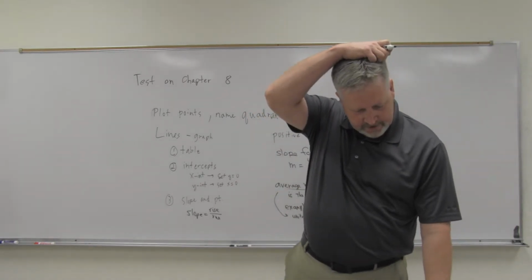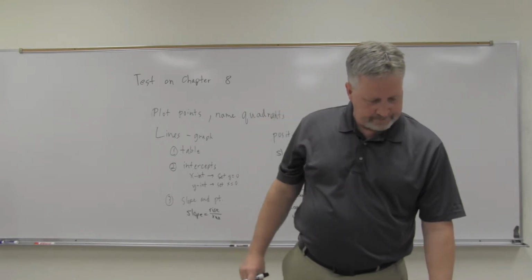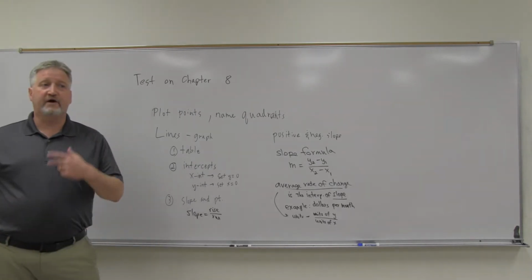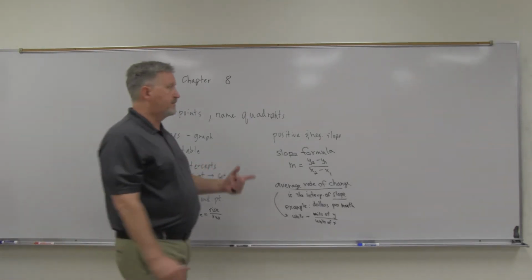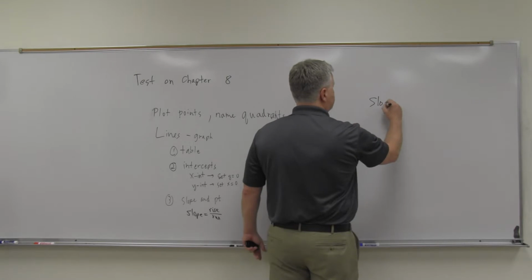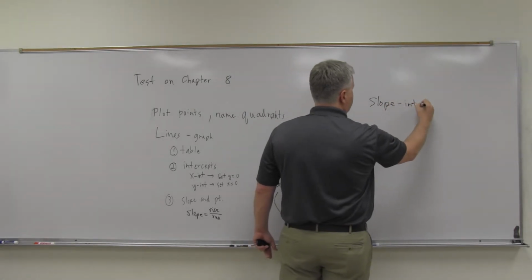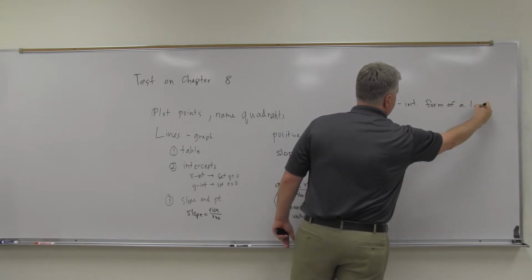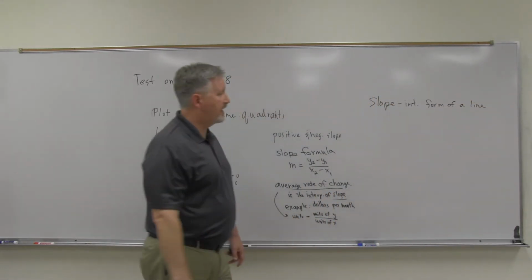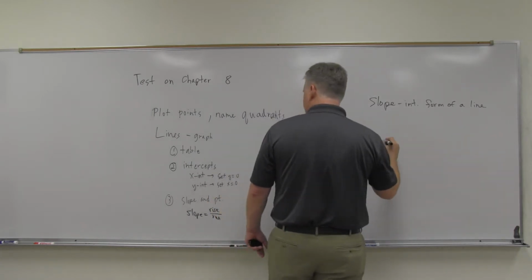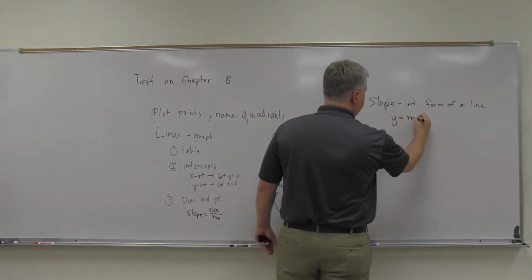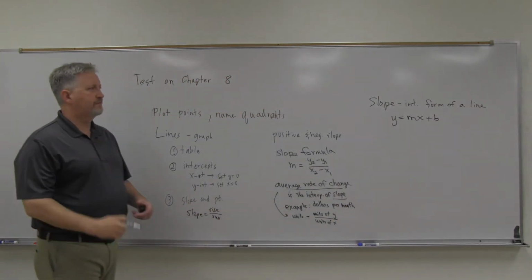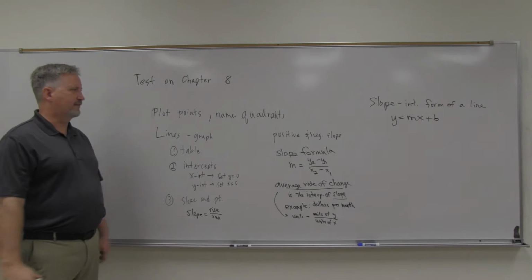All right. Now, going back to lines here a little bit, we also talked about the slope-intercept form of a line. And that just so happens to be, I guess you call it another formula, y equals mx plus b. So if I ask for slope-intercept form, I'm asking for y equals mx plus b.